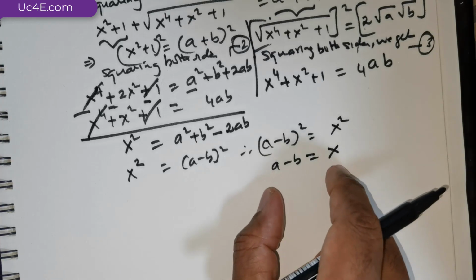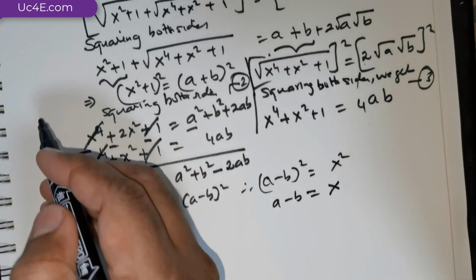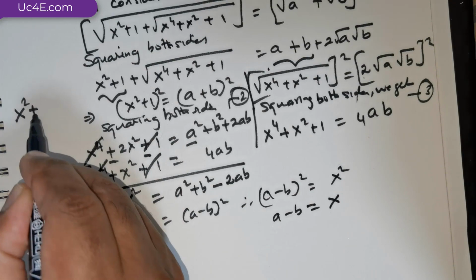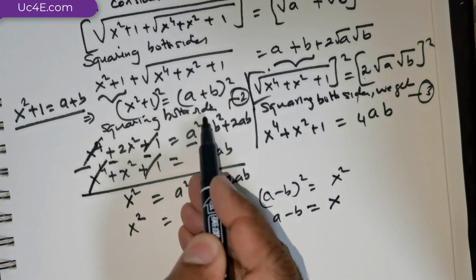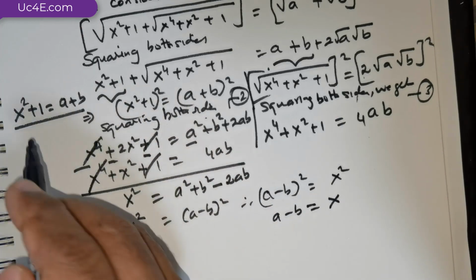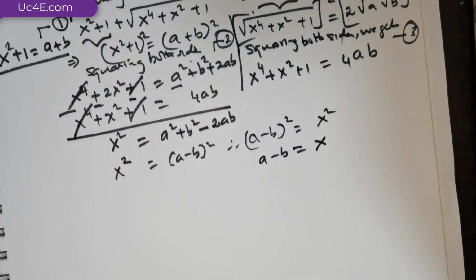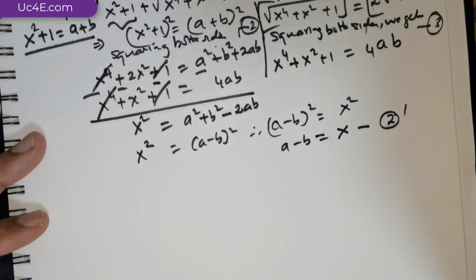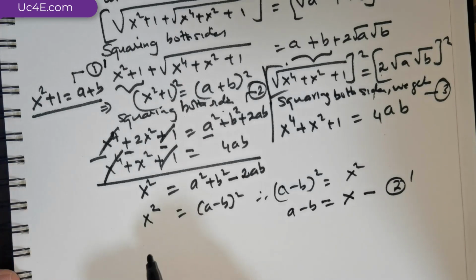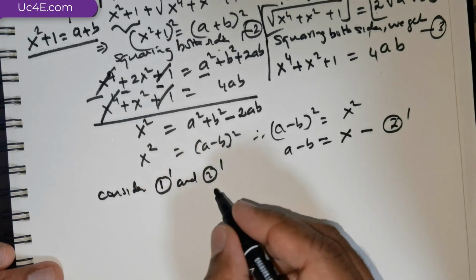Now prior to this, before the squaring, if you would have observed, when we equated, we had x squared plus 1 is equal to a plus b. And from here we started squaring both sides, and that's why we got this. So let me consider these as equations 1 prime and 2 prime.